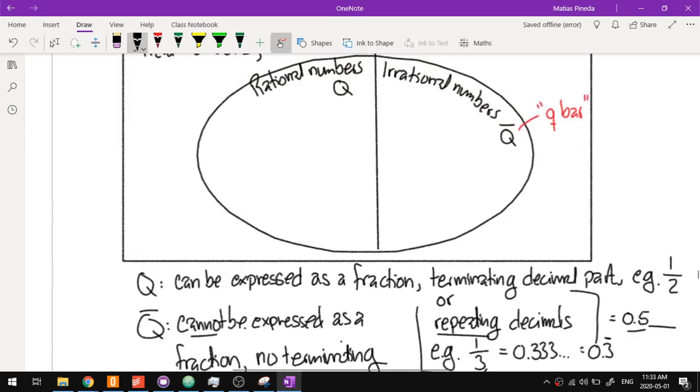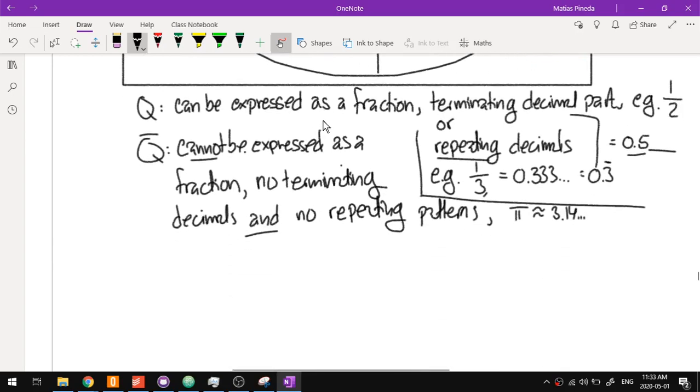The rational numbers can be further divided into integers. These are integers. Okay. And integers are often denoted by a capital I. Okay.